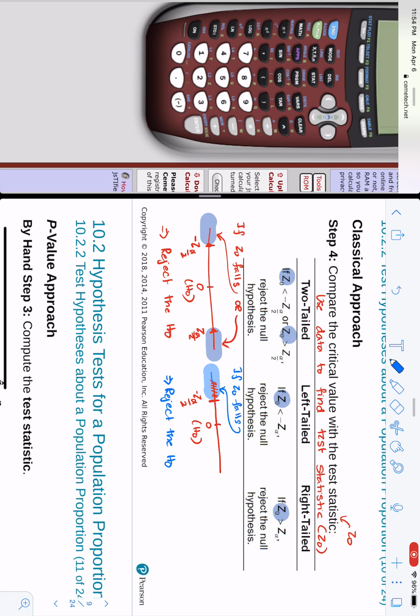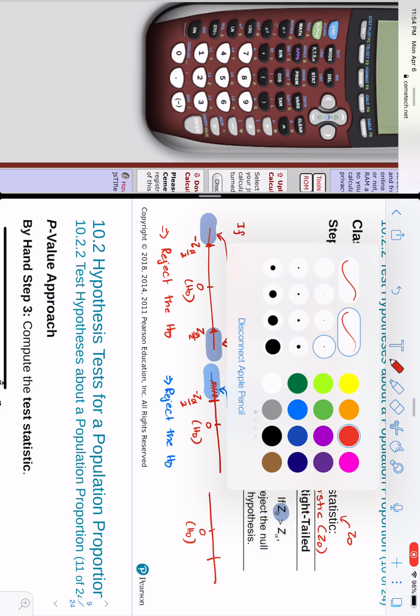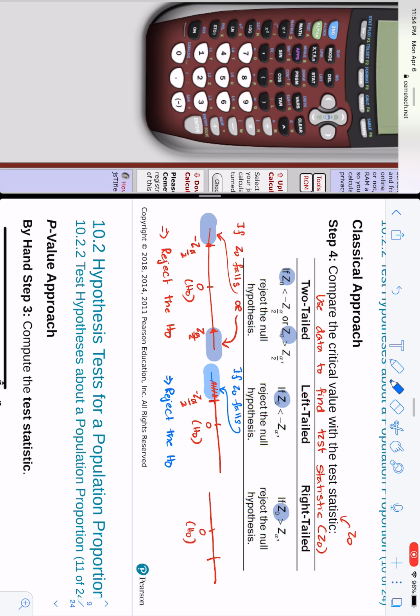And of course the last case is the right-tailed test, and right-tailed test would have a rejection region only on the right tail. So 0 is right there, and the rejection region is right over there.